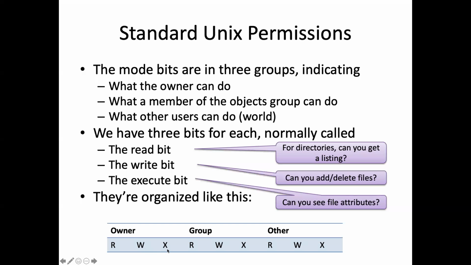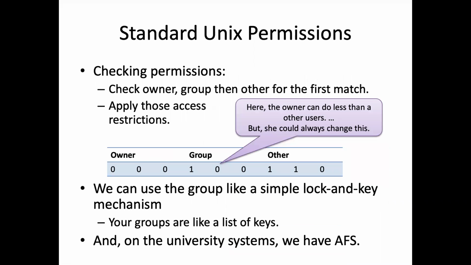If you're not the owner of the file, but you're part of the group associated with that file, can you change what's in that file? Can you read what's in that file? Can you execute that? And otherwise, if you're neither of those, what are you permitted to do? Can you read the file? Can you write it? Can you execute it? And that's what I'm trying to say here on this slide.